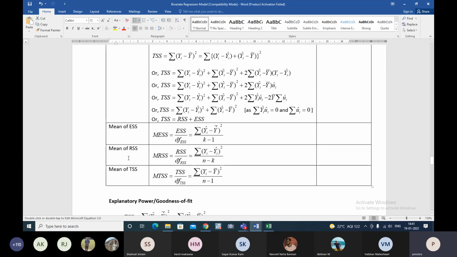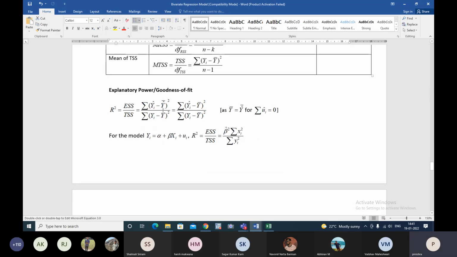So mean of residual sum of squares is residual sum of squares divided by the respective degrees of freedom. And the same is for total sum of squares.